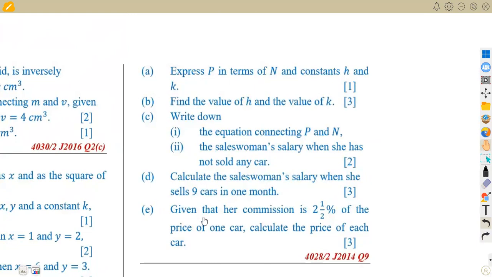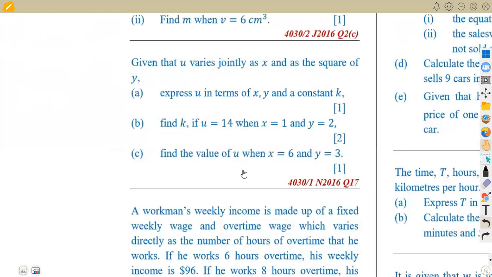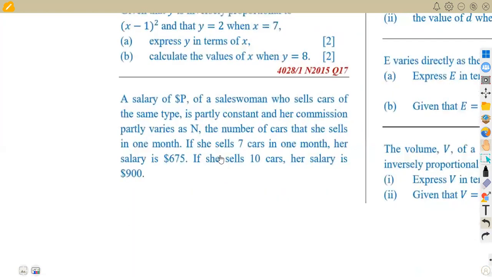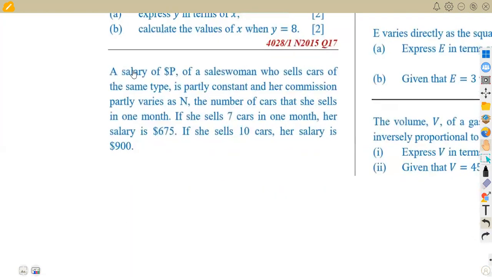So the first part here is to express P in terms of N. All right, so we are given information stage by stage. Remember, this is our information here. They are saying the salary of $P of a saleswoman who sells cars of the same type is partly constant. So we are given that the salary is represented by P and N is representing a commission.